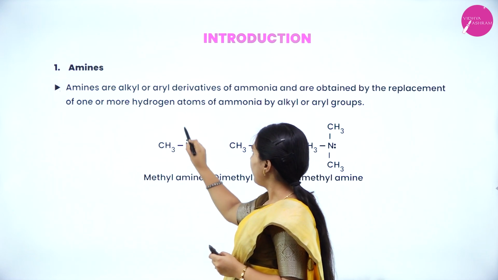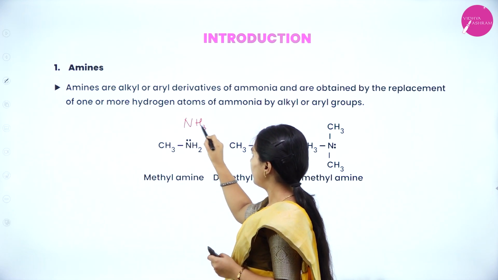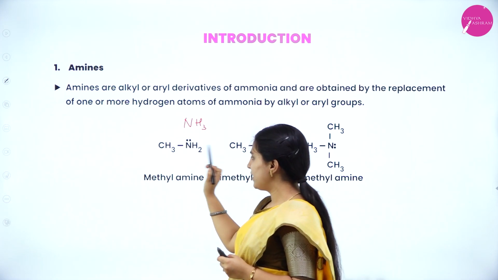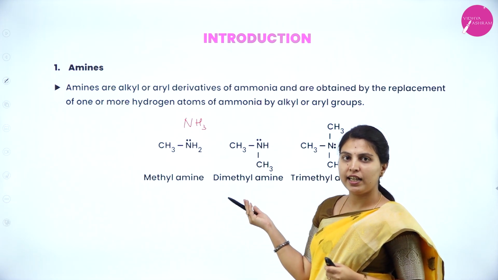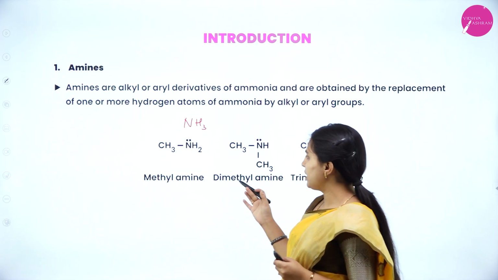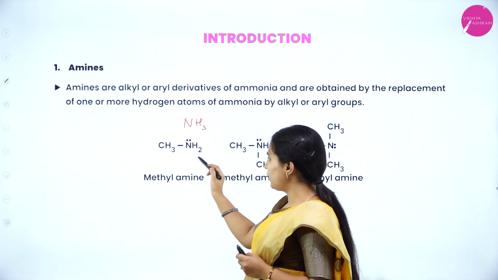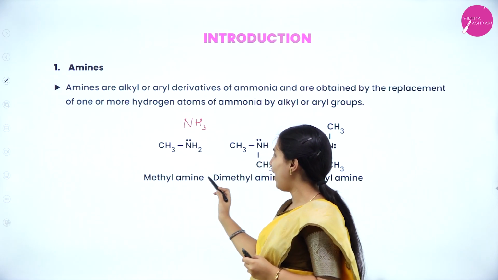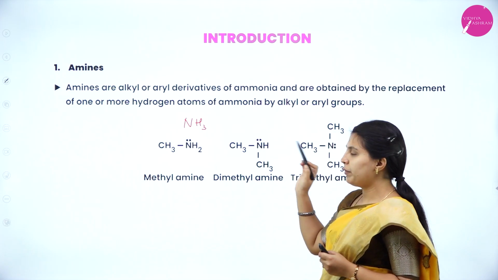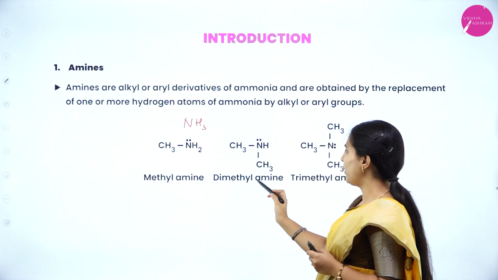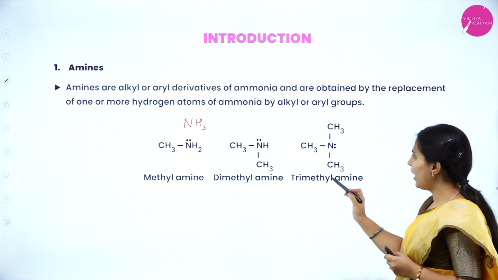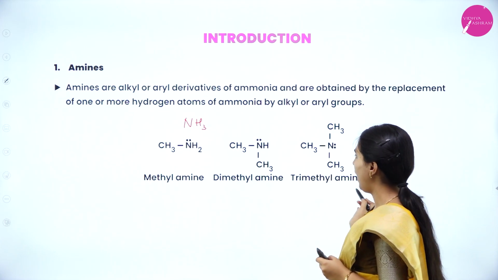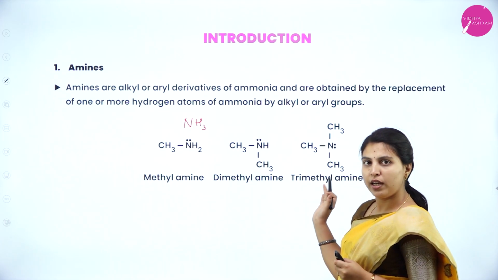See here, if ammonia is NH3, and one of the hydrogens is replaced by CH3 or any alkyl or aryl group, that will be considered an amine. Here one H is replaced by a methyl group, so we call it methylamine. Here two hydrogens are replaced by two methyl groups, that is why dimethylamine. Here three hydrogens are replaced by three methyl groups, so trimethylamine. Okay, this is about amines.